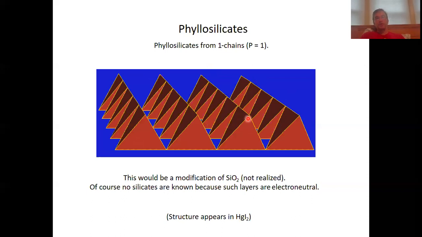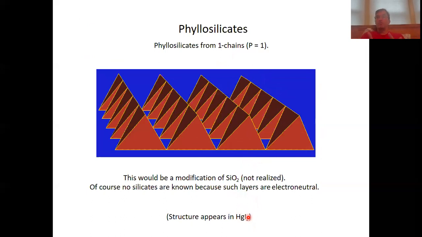Okay, so does this kind of structure never appear in nature? This is actually not true. In mercury iodide, this sheet structure is realized. You can easily explain this by the fact that mercury and iodine are elements that have very different properties than silicon and oxygen.